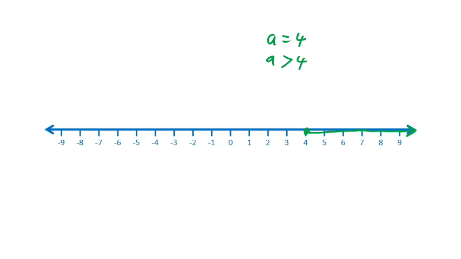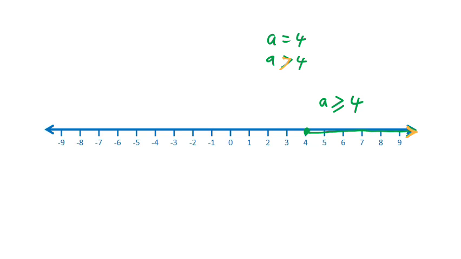And we can see that because there's the greater than symbol right there at the end of the arrow. So we can actually combine these two symbols together, and we're going to say this represents A is greater than or equal to 4. We could do that in another way.